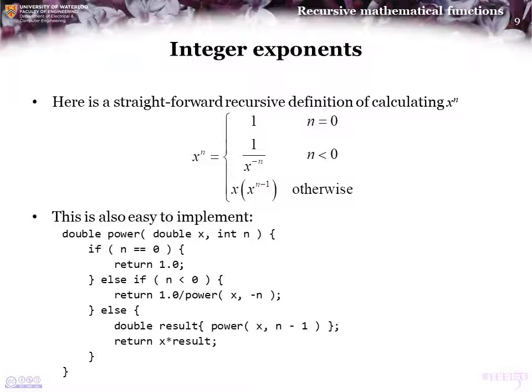Now, if I wanted to use this function to calculate, say, x to the 100, I would have to calculate x to the 99, which would require me to calculate x to the 98, which would require me to calculate x to the 97, and so on and so forth, all the way down until I calculate x squared, which is found by multiplying x to the 1 by x, and x to the 1 is found by multiplying x to the 0 by x. So essentially I have to recursively call this function 100 times.